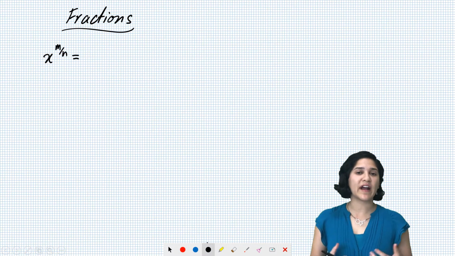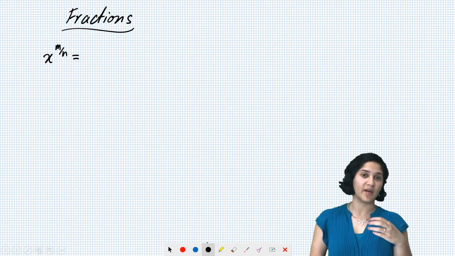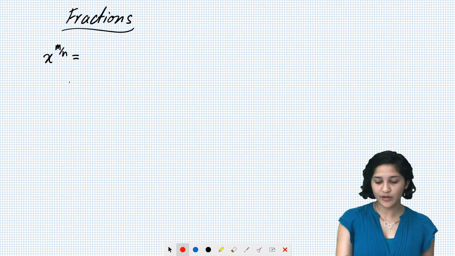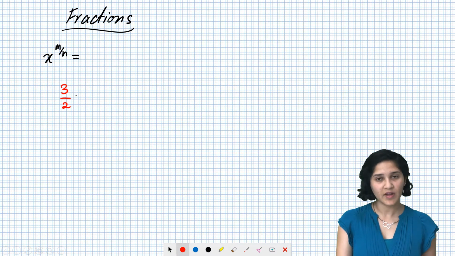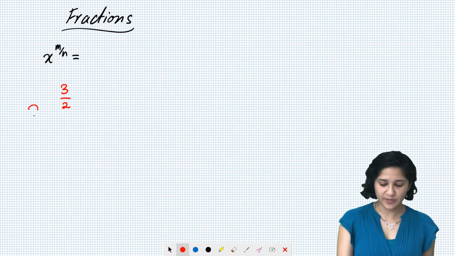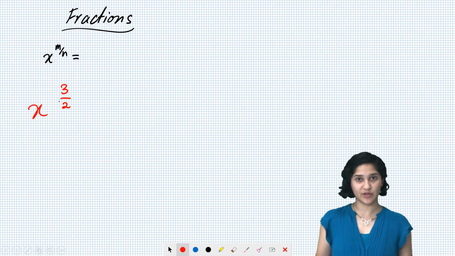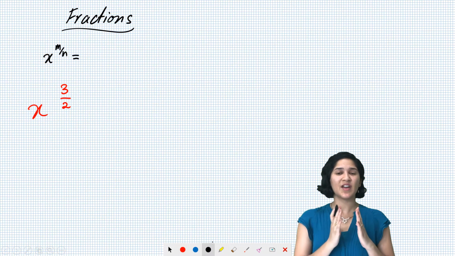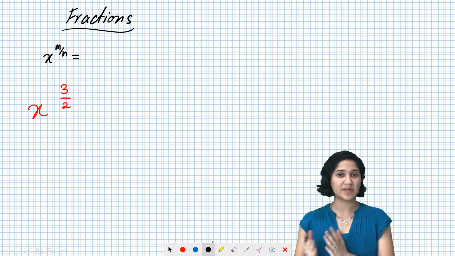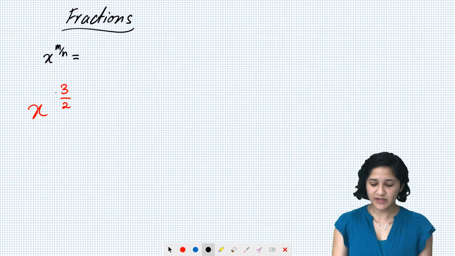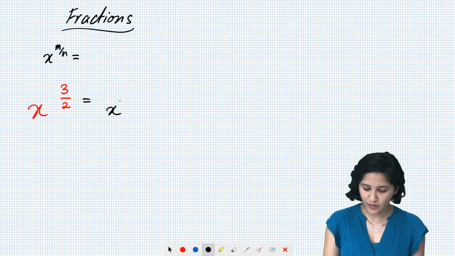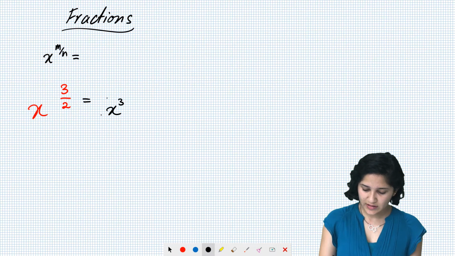But not every fraction is 1 over another number. Sometimes we have fractions that are, say, 3 over 2. So how would we make sense of something like x to the power of 3 over 2? Well, this time we can use our index laws because we know that powers of powers multiply. So we can split this fraction into x to the power of 3 times half.